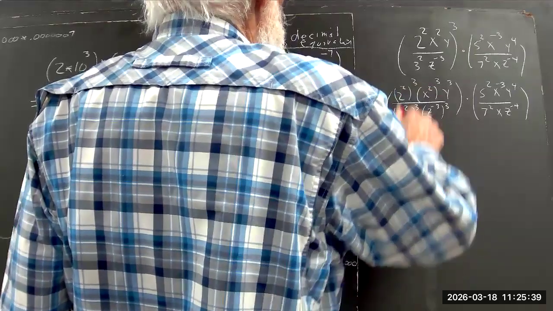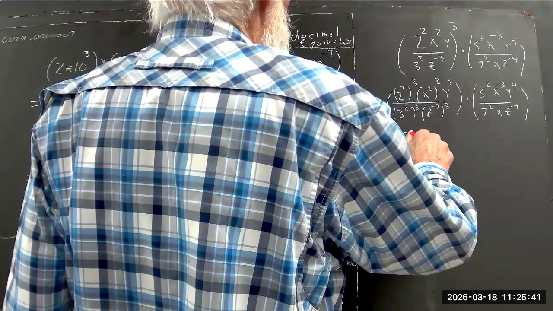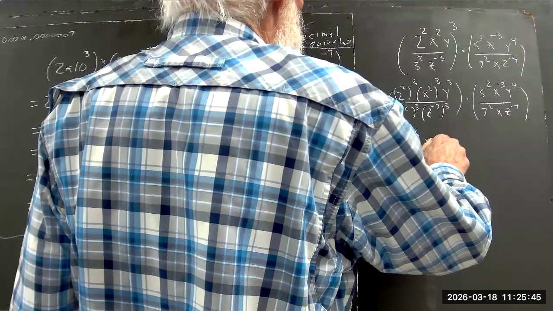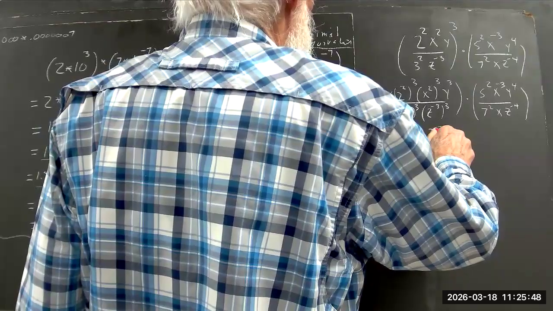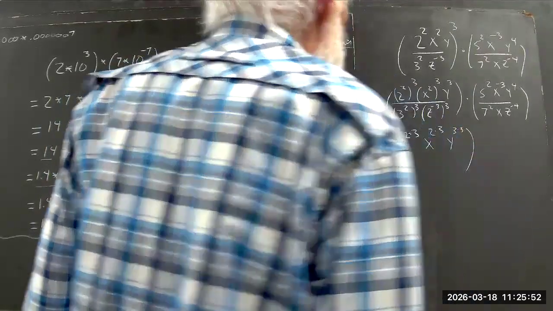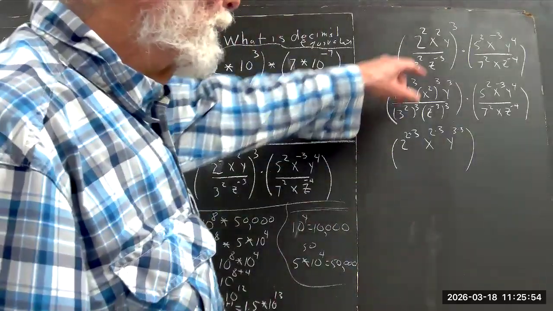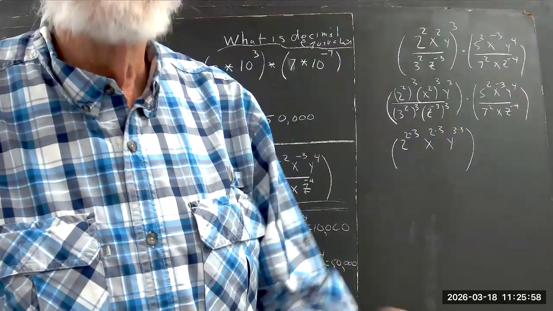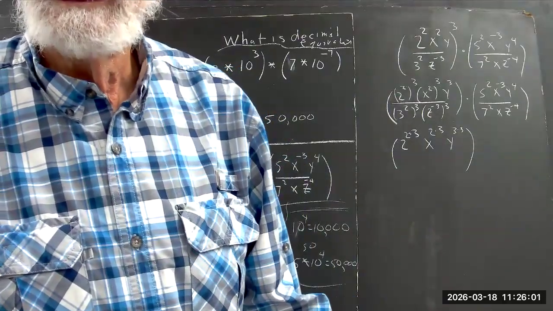So 2 squared cubed, I'm going to write it out in detail. That's 2 to the 2 times 3 times x to the 2 times 3 times y to the 3 times 3. Because, of course, when we raise a power to a power, we multiply the powers. For the reasons we saw last time, and you want to always be aware of the reasons.